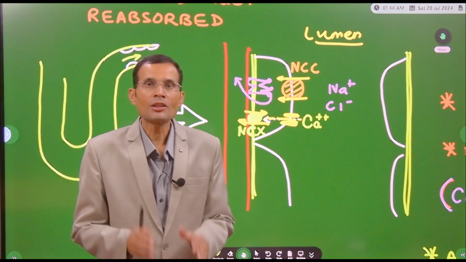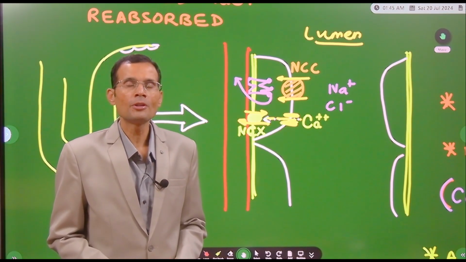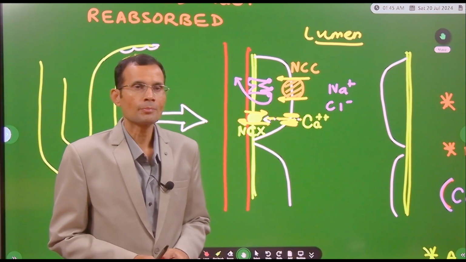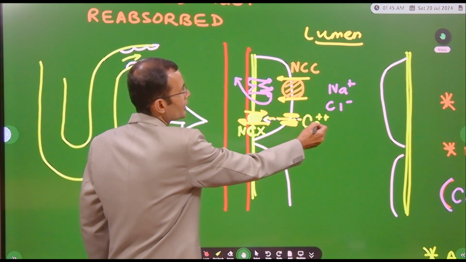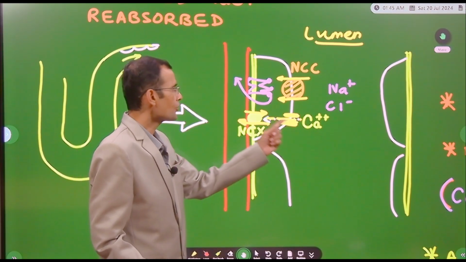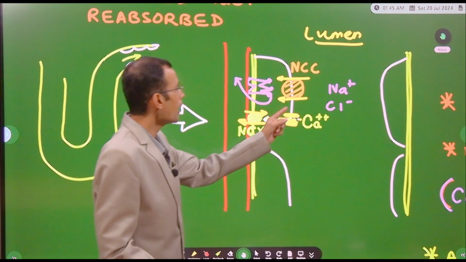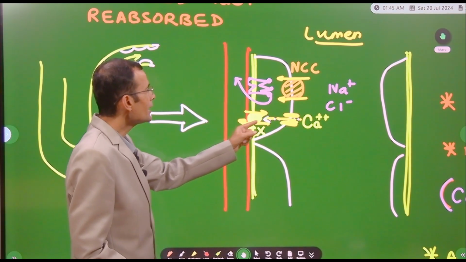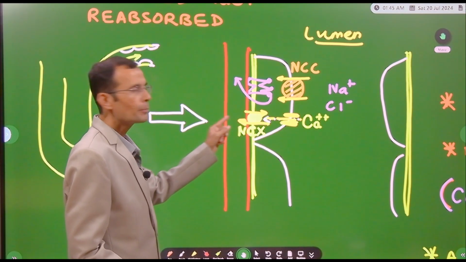However, calcium can be reabsorbed by this segment by active reabsorption of calcium. How does it happen? Calcium in the tubular fluid enters the cell via a calcium channel in the apical membrane, and then the calcium leaves the cell from the basolateral side.